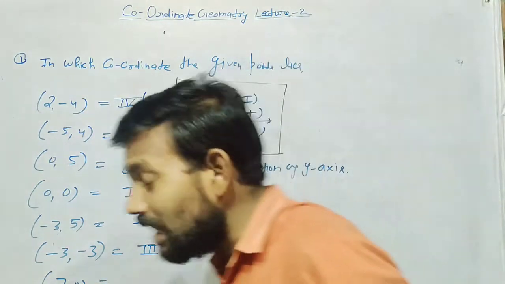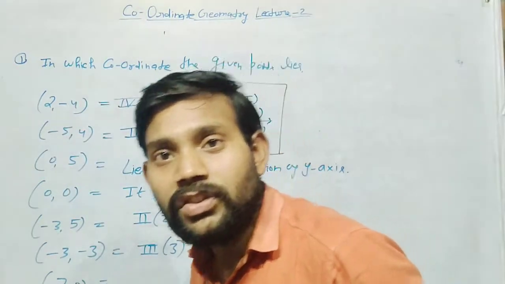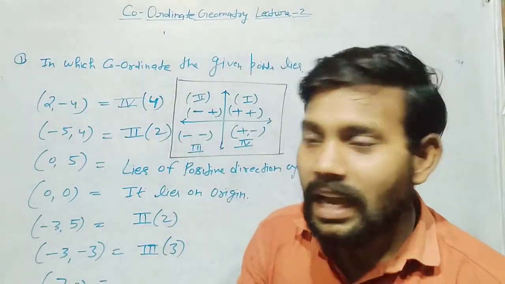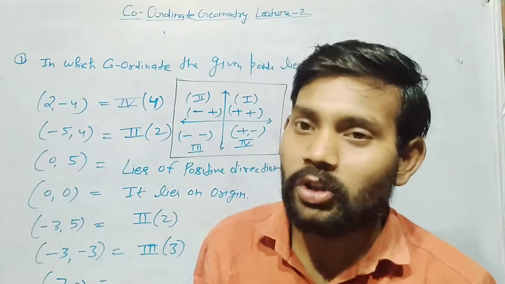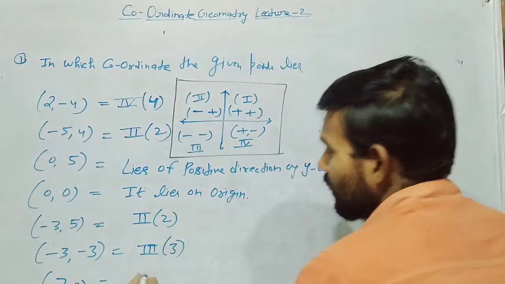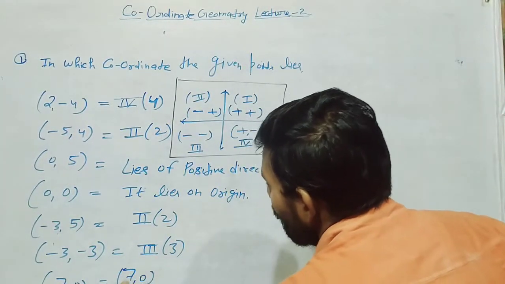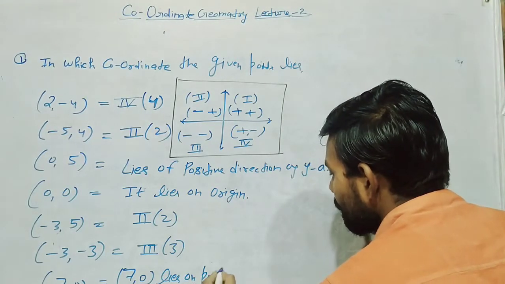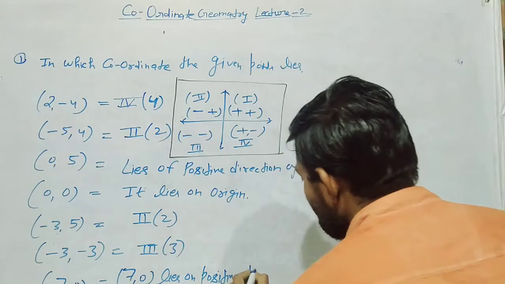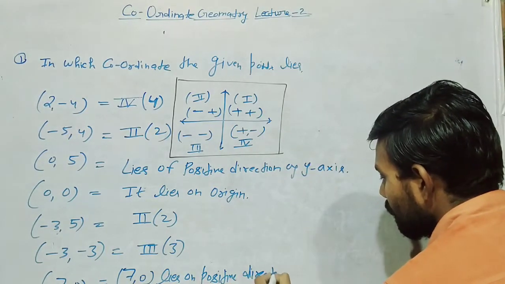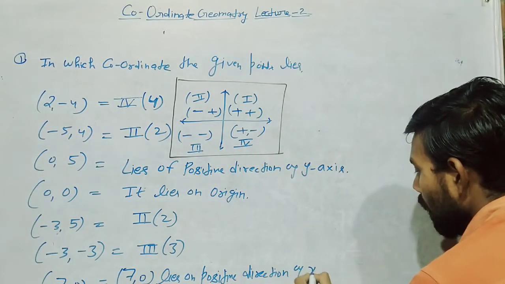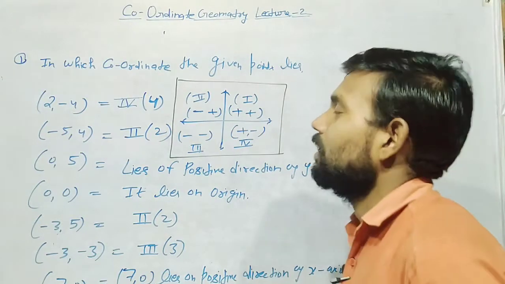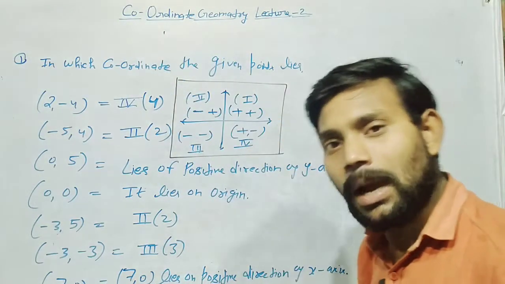Here y is 0 and x is positive, so it lies on the x axis, in the positive direction. So (7, 0) lies on the positive direction of the x axis. So the first type of question is completed.